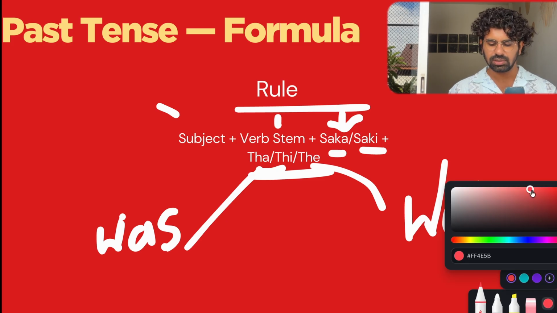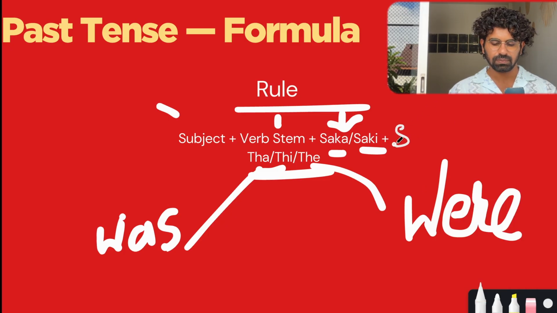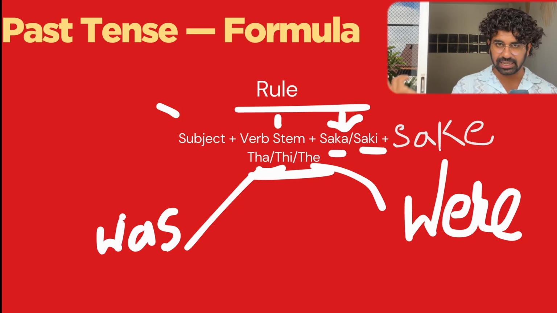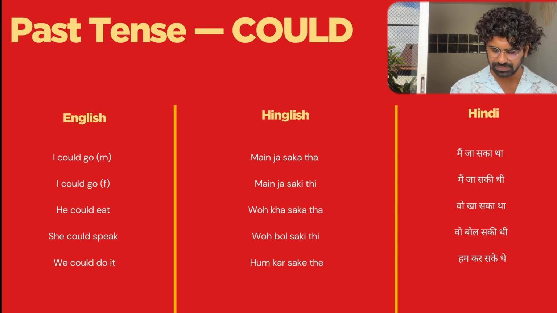You can even say sake, right? Okay. And that's it. So again, subject plus verb stem plus saka, saki, sake, and then tha, thi, the. Super. Now let's make some sentences.